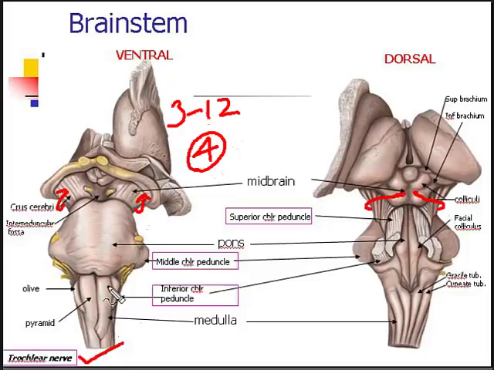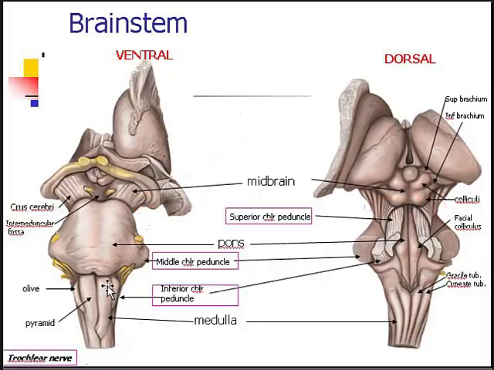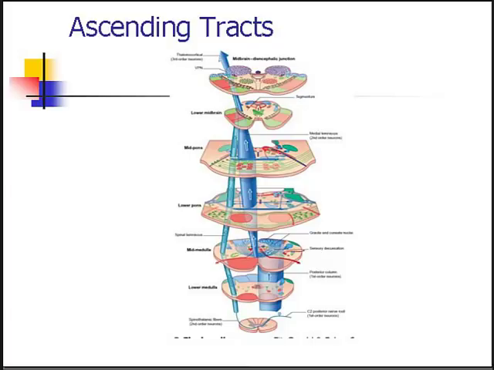Let's now move on to the tracts, and really what I'm trying to show you here is that when we were doing the spinal cord and we wanted to describe the tracts, we showed how they were formed based on cross sections like this. So this was a cross section of the spinal cord, and we drew these cross sections and showed how these tracts were formed.